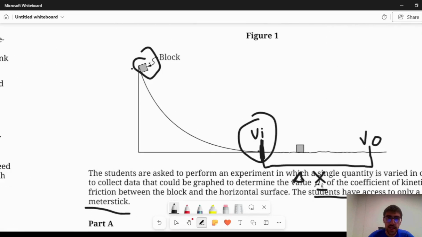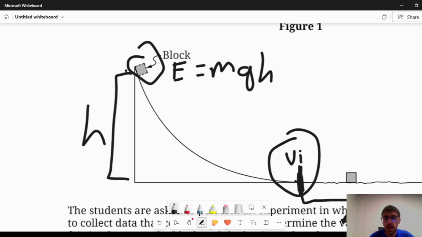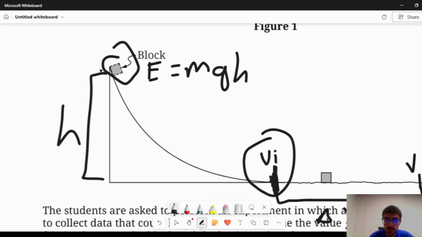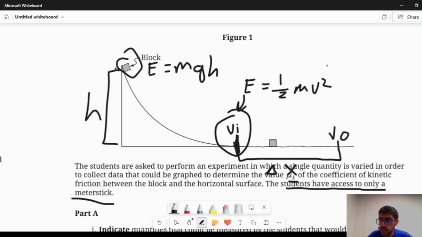So at the top, the energy is all potential, and potential would be mgh, where h is where it's released. And then right here, at the end, h is going to be 0. It's going to be all kinetic, no more potential. So the energy is equal to 1 over 2 mv squared. Let's set that equal, and then we can solve for v, and everything would be a constant except for h, which we can measure since we have a ruler.